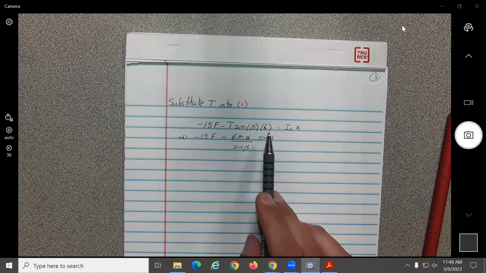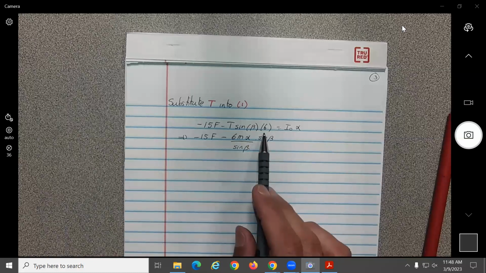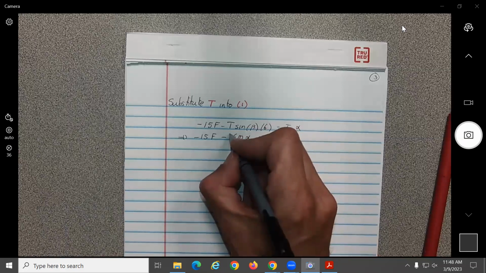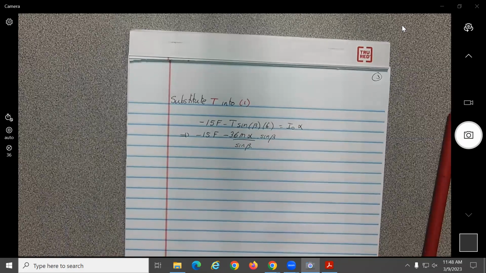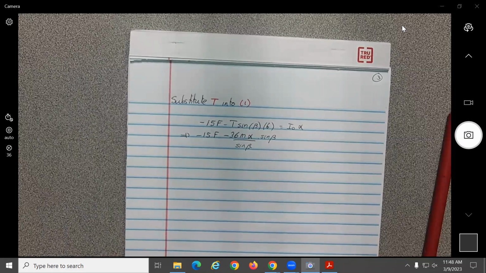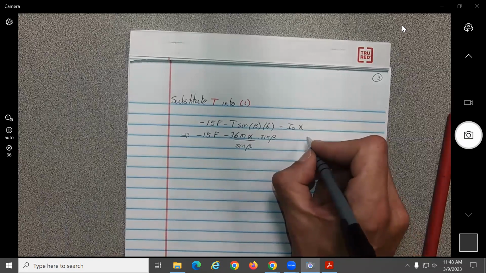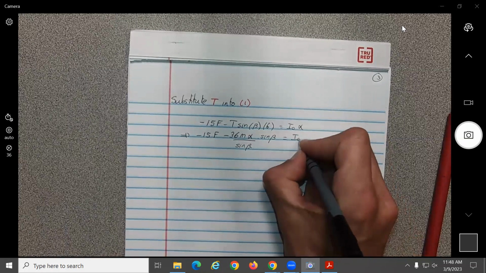Oh, yes, because it's 6. Okay, I get it. So can I just put 36 here? Equals I sub O alpha.